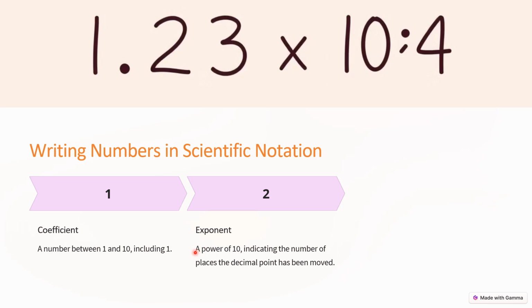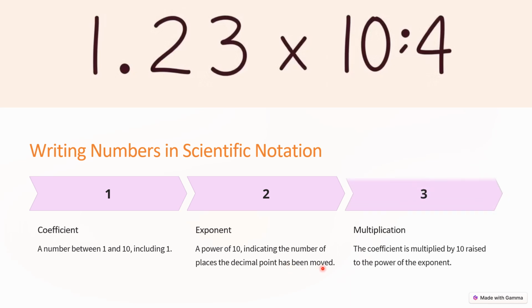I write this number multiplied by a power of 10, indicating the number of places the decimal point has been moved. So the exponent of the power of 10 indicates the number of places the decimal point has been moved. Step 3, multiplication. I multiply this coefficient by the power of 10.